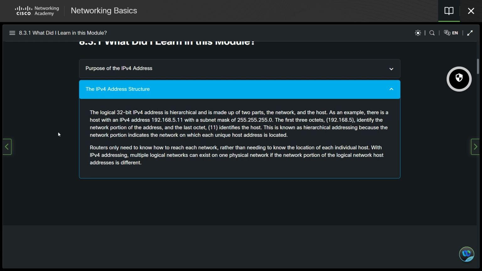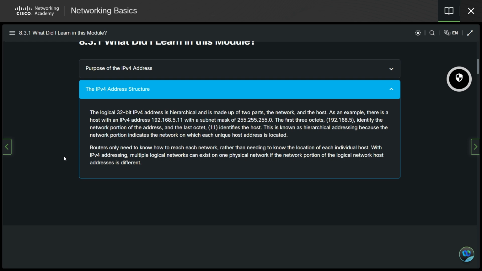As an example, there is a host with an IPv4 address 192.178.5.11 with a subnet mask. The first three octets identify the network portion of the address, and the last octet, 11, identifies the host. This is known as hierarchical addressing because the network portion indicates the network on which each unique host address is located.